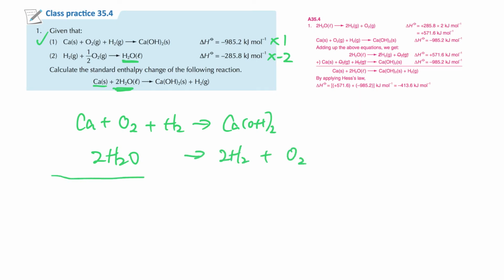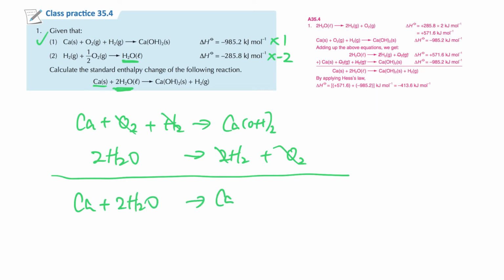So what you need to do, just add them up together. You find that you can cancel out some of them. So you have like Ca plus 2H2O become calcium hydroxide, and I have 1H2.